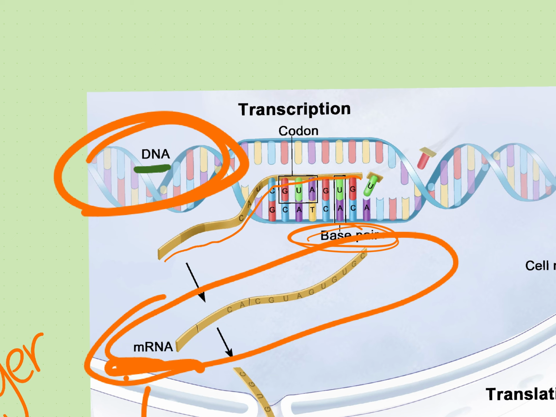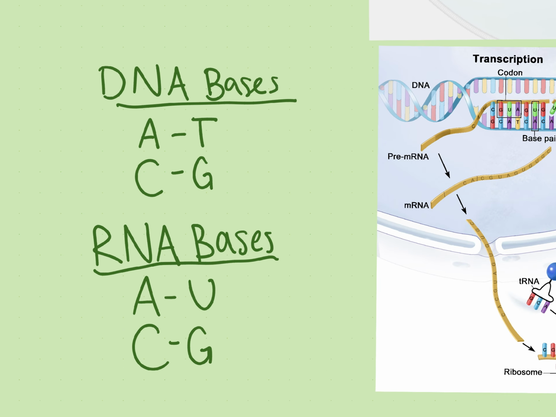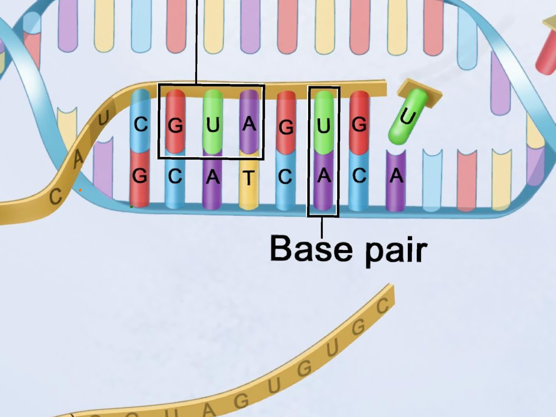So you can see here, DNA and RNA, they have different bases that they work on. So the DNA down here, the blue, has G, C, A, and T. When the RNA is transcribing the DNA, it matches up the matching bases or the corresponding bases with the DNA.